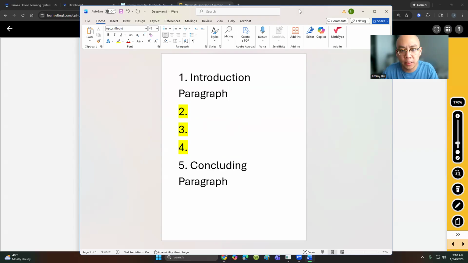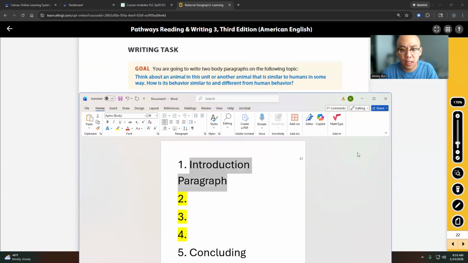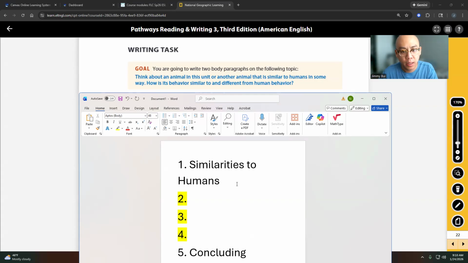Looking at this topic here, I'm not going to go into too many details on the introductory paragraph today, but let's just say our assignment is similarities to humans, right?